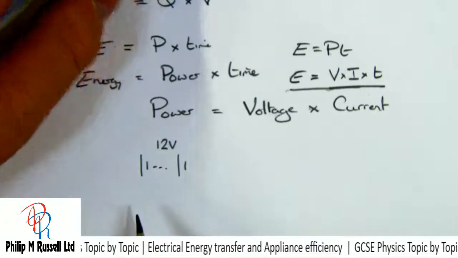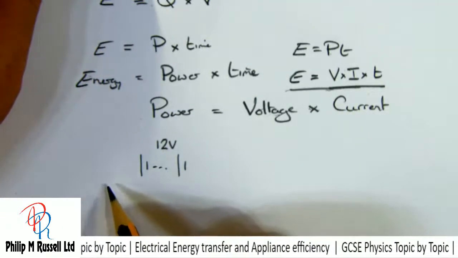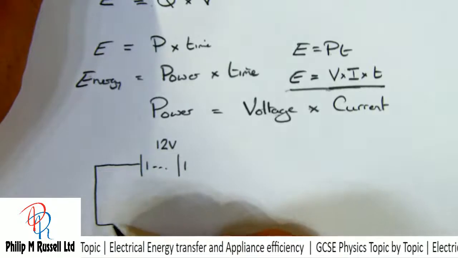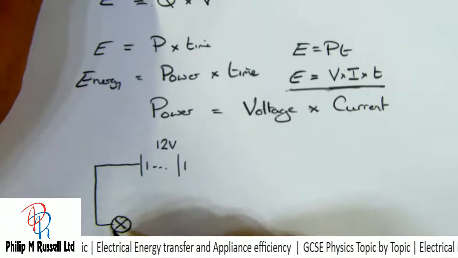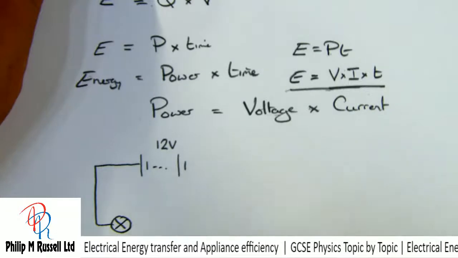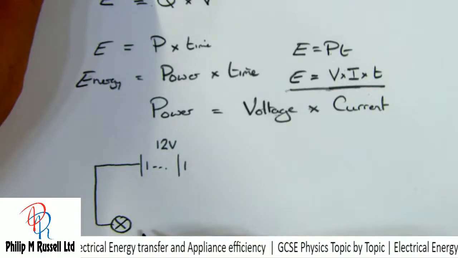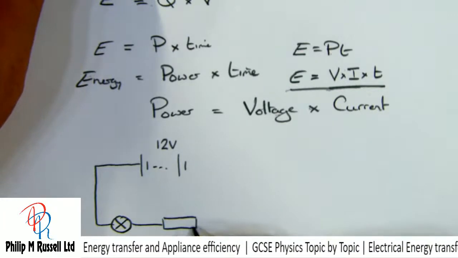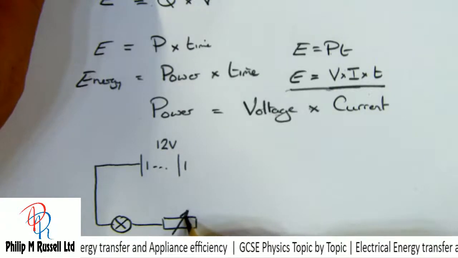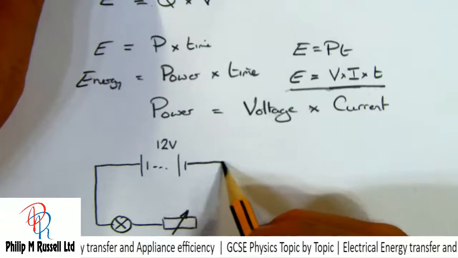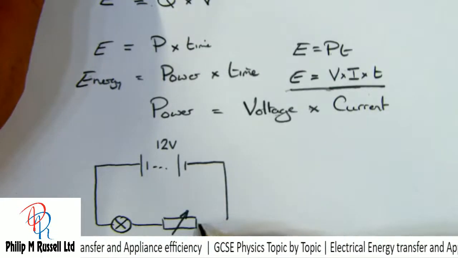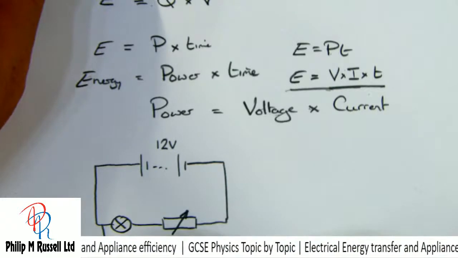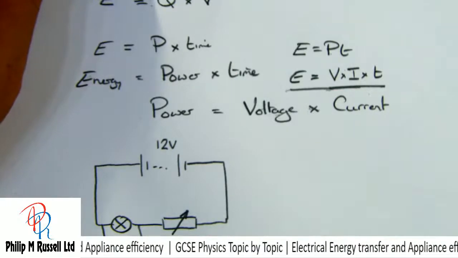We're going to do this in a moment, and I'm going to put this in series with a bulb, and with this bulb then we're going to put a variable resistor and we're going to measure here the voltage going across this bulb.